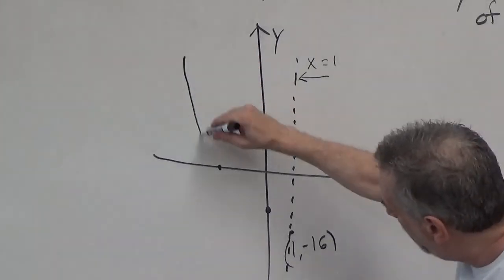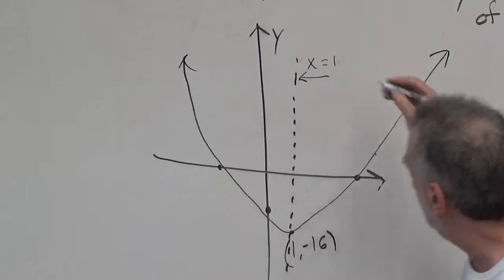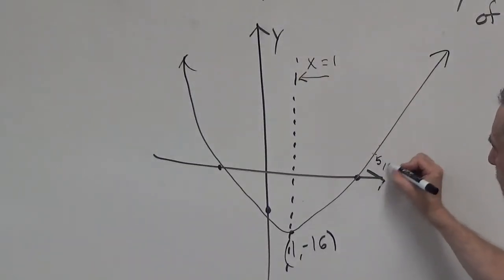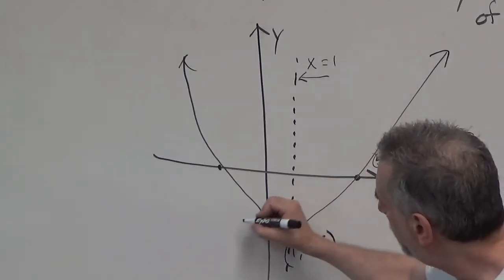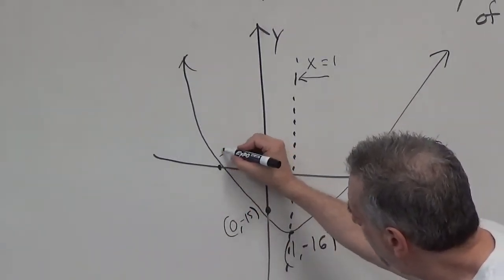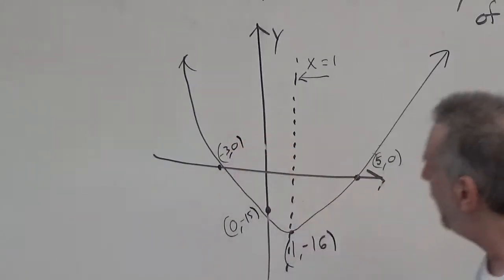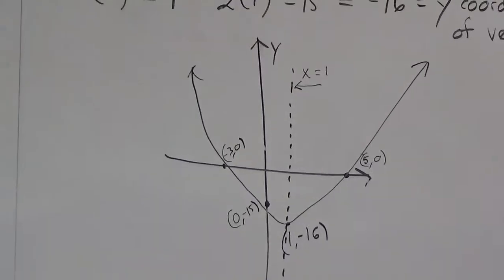And we kind of give it a cursory little picture. Again, we want to label our x-intercepts. We want to label the vertex, axis of symmetry, y-intercept, and x-intercepts. All right, so that's what we're trying to do here in chapter 3.1.